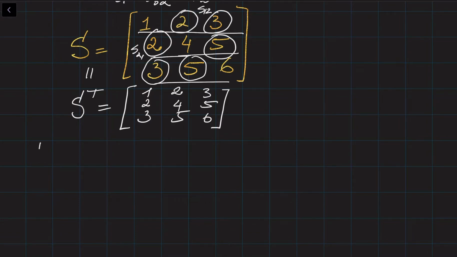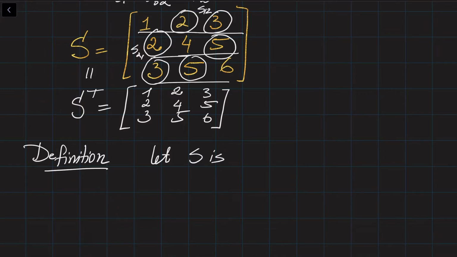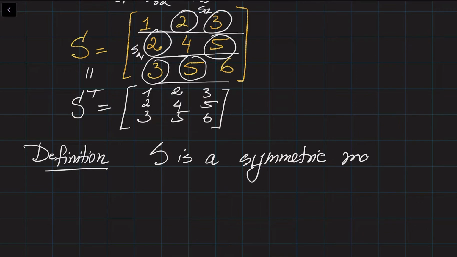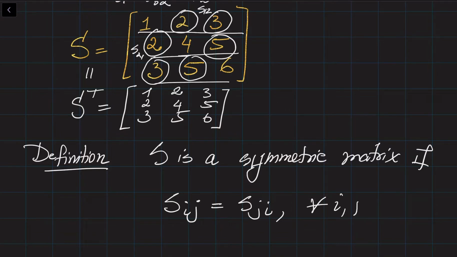So the definition of a symmetric matrix: S is a symmetric matrix if Sij is equal to Sji for any i and j which are not equal.